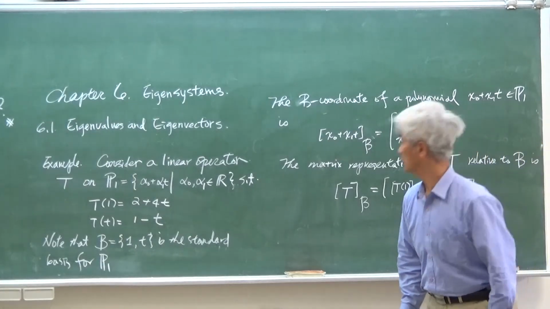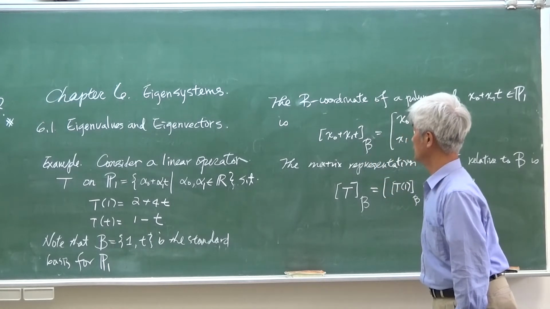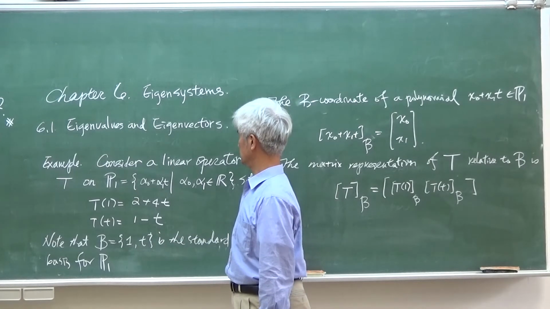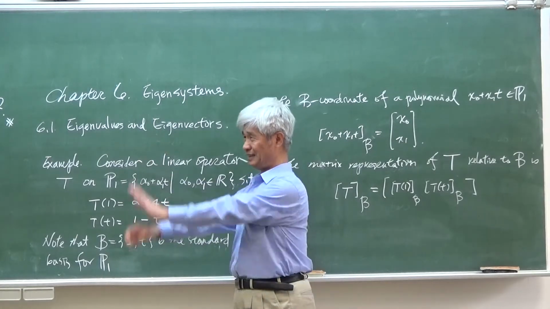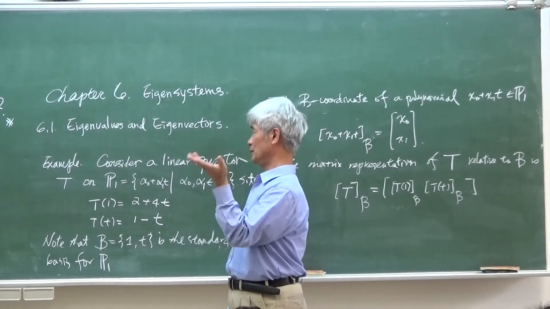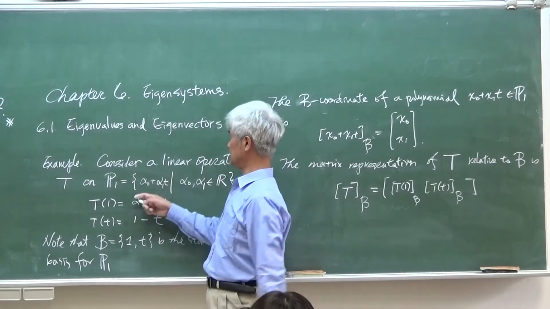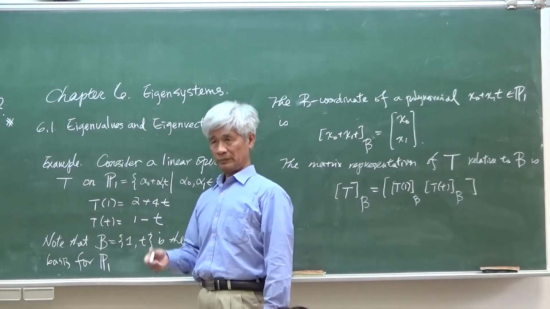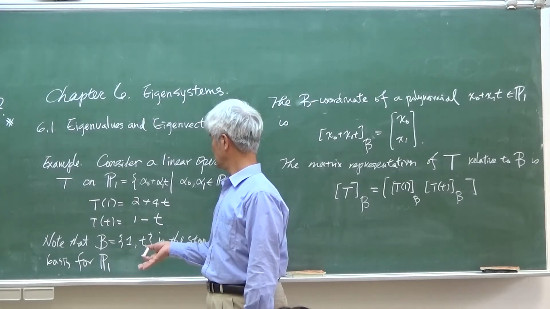Yeah. Are those two equations, T of 1 and T of t, just examples, or are they conditions the transformation has to satisfy? Yeah, because in chapter 5 we stated that a linear transformation can be determined by the assignment of the image for basis vectors. Can both equations hold at the same time?